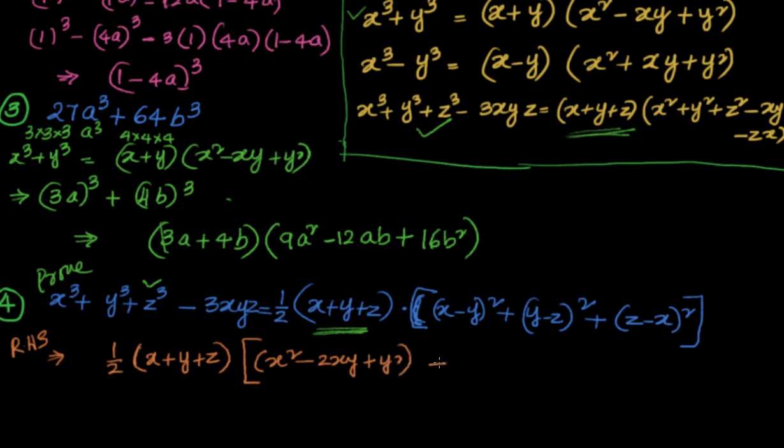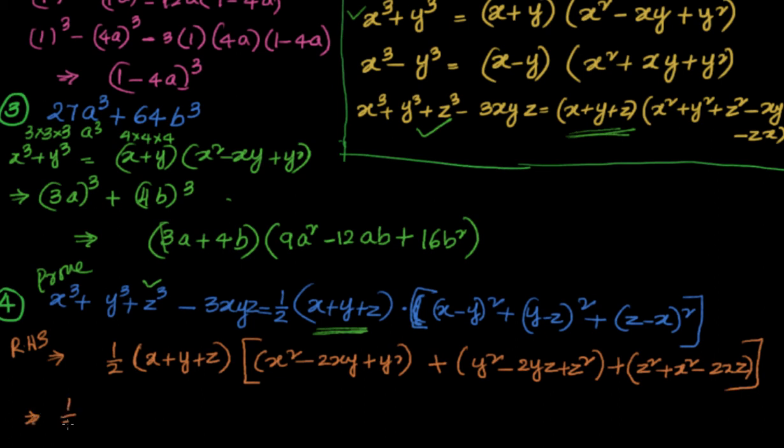The next is again y minus z whole square, so I will say y square minus 2yz plus z square, plus z square plus x square minus 2xz.